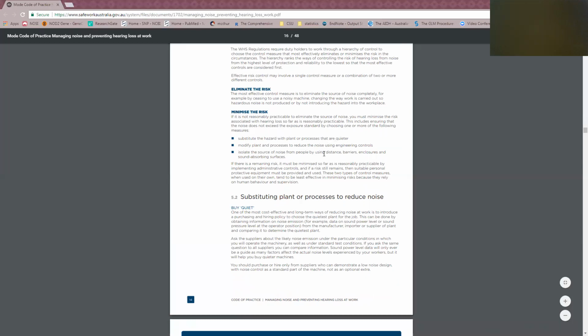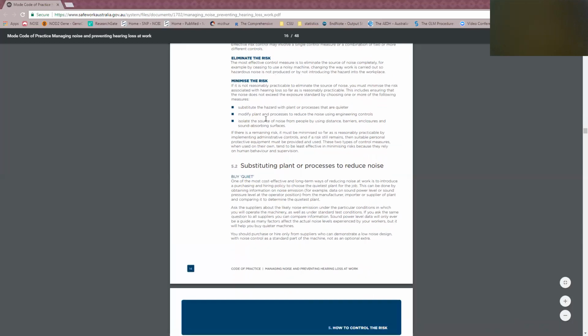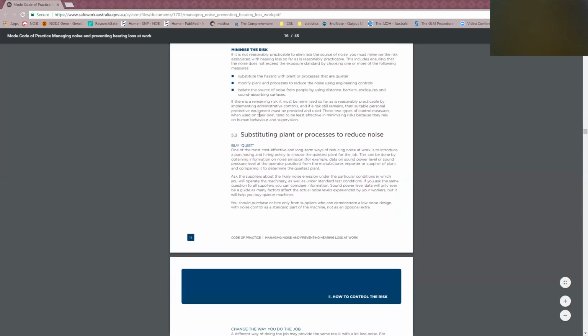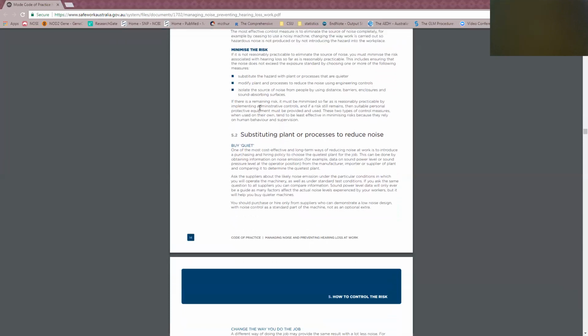Can we isolate them? Can we put it into a room? Could we enclose it in a box? Could we separate particularly noisy tasks from that environment? And from there, as a last mode, is when you start to go to the administrative controls and the PPE.